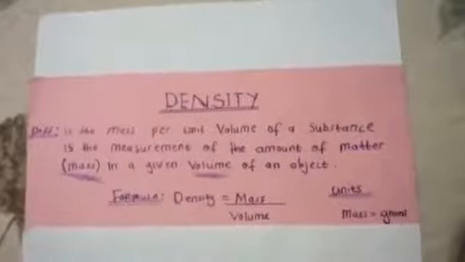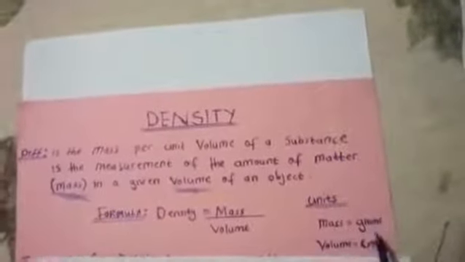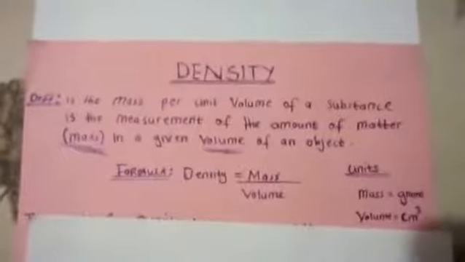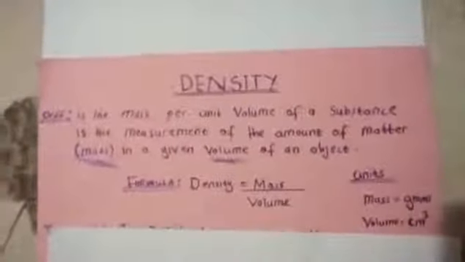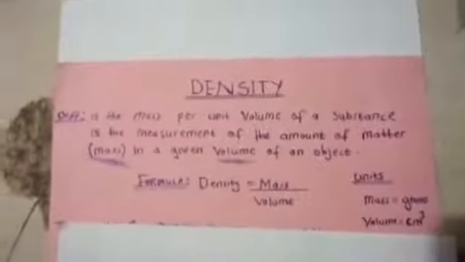Now, the unit for mass is grams, which is small letter g. Volume is measured in cubic centimeters. So when we combine these, we make the units for density.